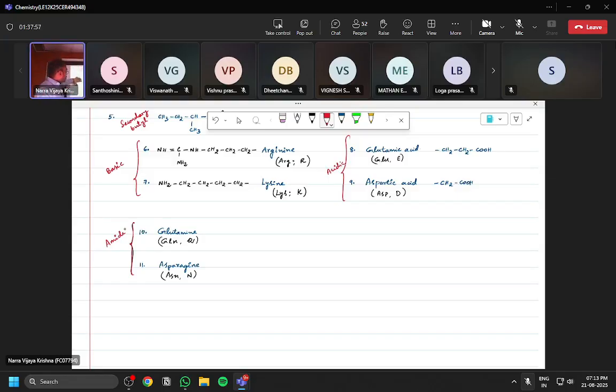Extra NH2 group possessing amino acids, extra COOH group possessing amino acids, amide possessing amino acids. So what is glutamine? You can see it directly now by looking at it. CH2, CH2, CONH2 group should be there. Asparagine, CH2, CONH2. That's all. Response, sir. Any questions in this?